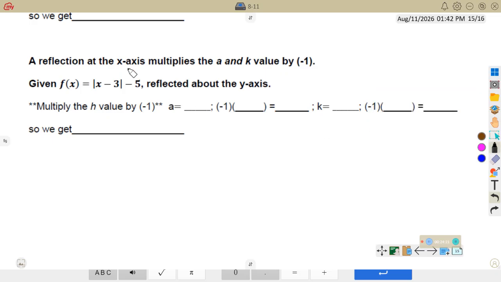It says you multiply the A and K value by -1. So what is our A value right here? 1. What is -1 times 1? -1. So you can actually write -1 as your A value right there. I'm not going to eat your face off if you have to write a -1 right there.